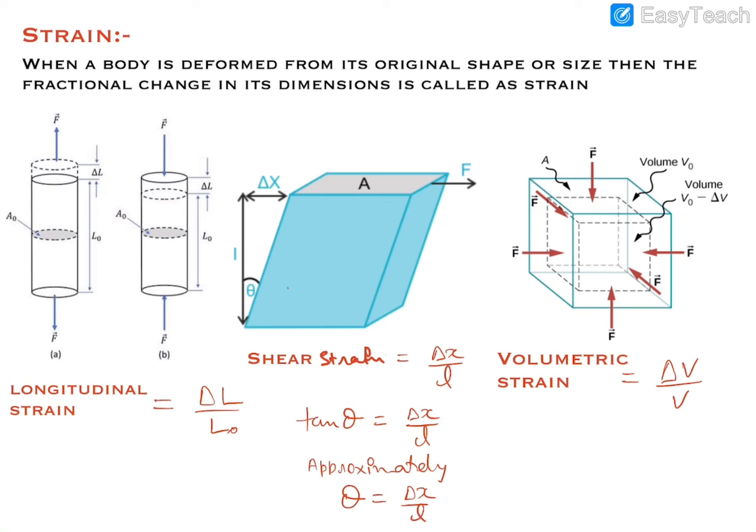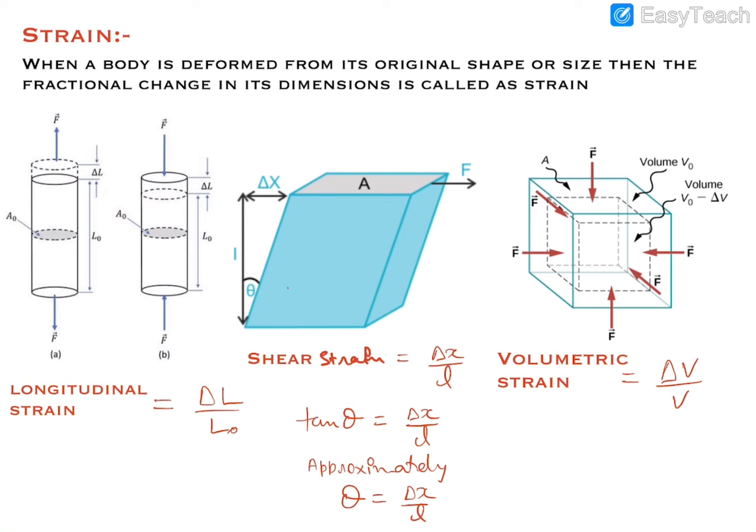Stress is also of three types: longitudinal stress, shear stress, and volumetric stress. Now we move on to the strain quickly. When a body is deformed, strain is the fractional change in its dimensions, which means that when its length is deformed, then change in length upon original length is the longitudinal strain.